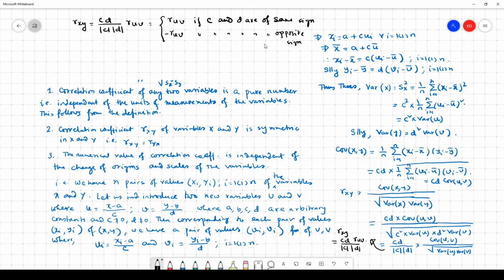Again, I repeat: after changing to the new variables, the magnitude of the correlation coefficient is the same, but the sign of the correlation coefficient may change depending on the sign of c and d. Okay? Please tell me, have you any trouble?